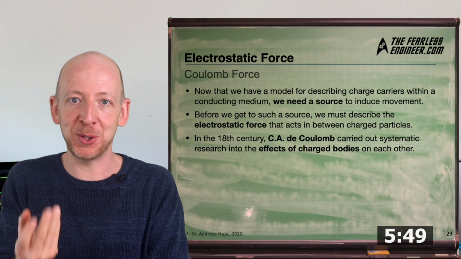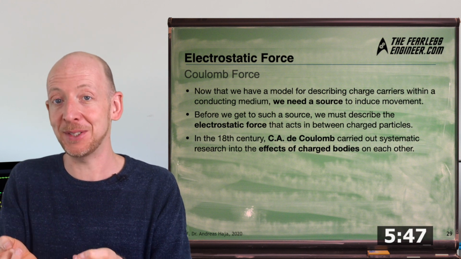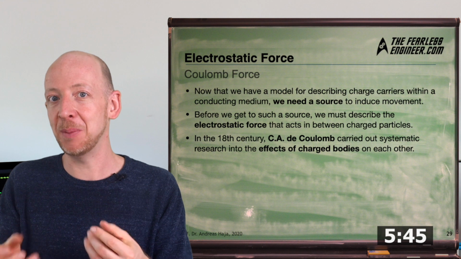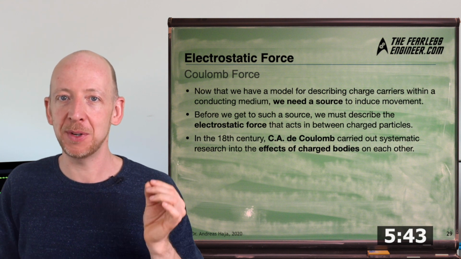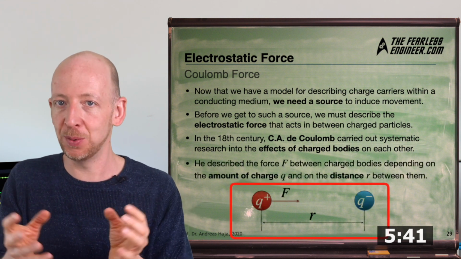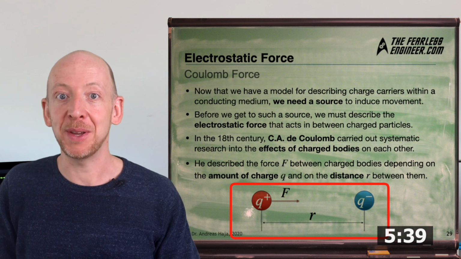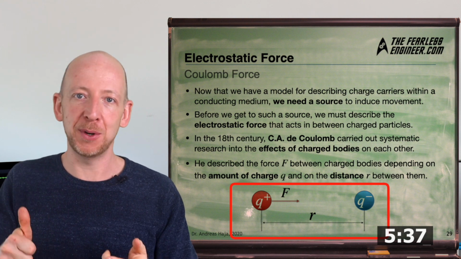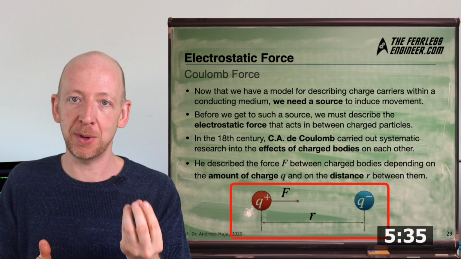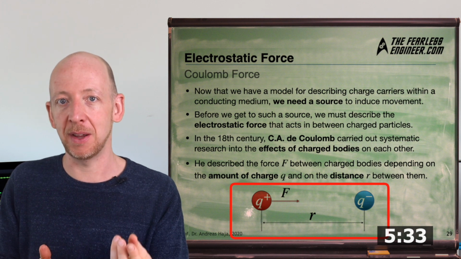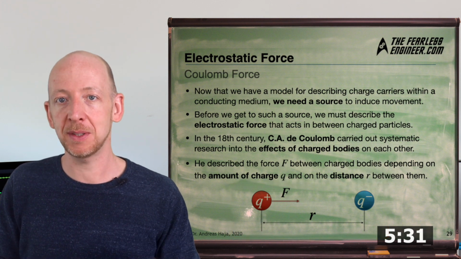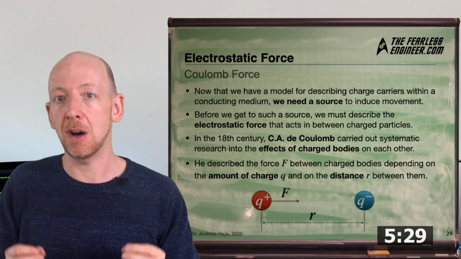And what he managed to do back then, with a very sophisticated apparatus he built, was to describe the force between charged bodies, depending on 2 major parameters. The first is the amount of charge which a body carries, abbreviated by the symbol q, and the second is the distance r between them.